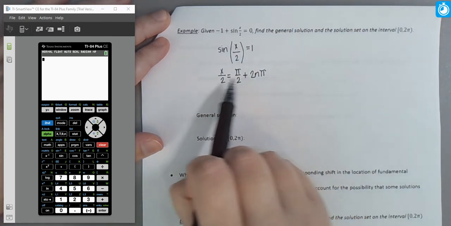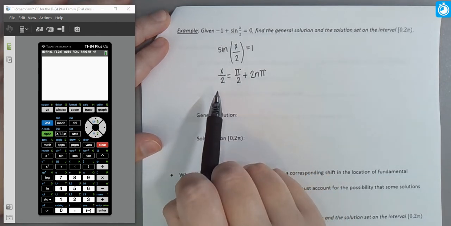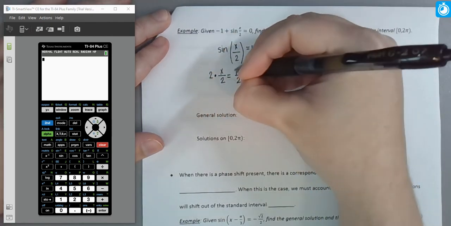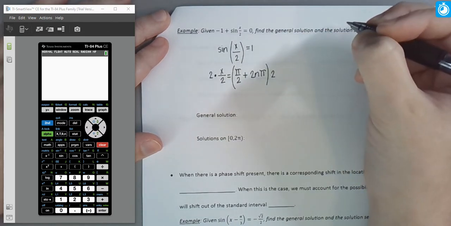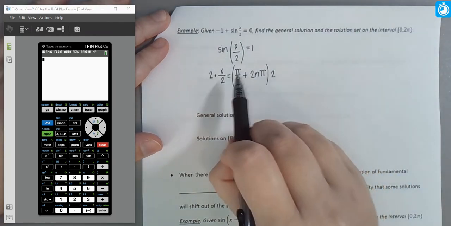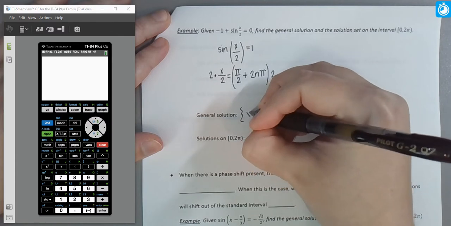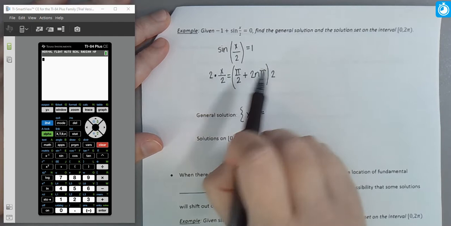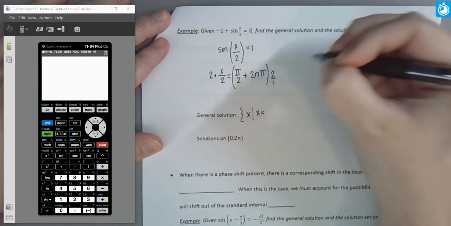Now we're in a similar situation as we were with the last 2 examples, but now we don't have to divide to isolate x, we actually have to multiply to isolate x, and we have to do the same thing on both sides of the equation. So I'm going to multiply in order to isolate my x. This 2 is going to have to distribute to both terms in parentheses. So that's going to give us our general solution. So all x such that x is equal to, well, pi over 2 times 2, you can think of this as 2 over 1 if that helps.